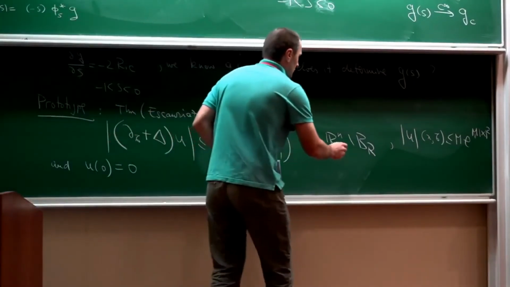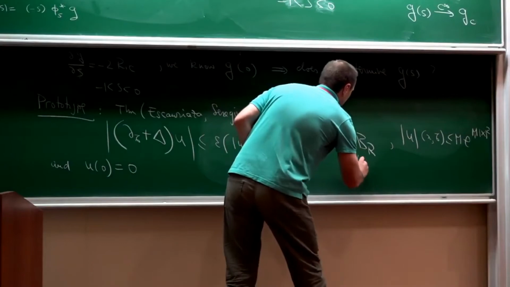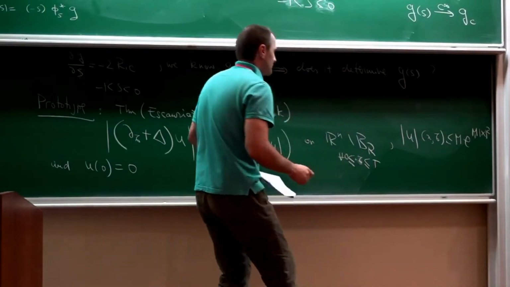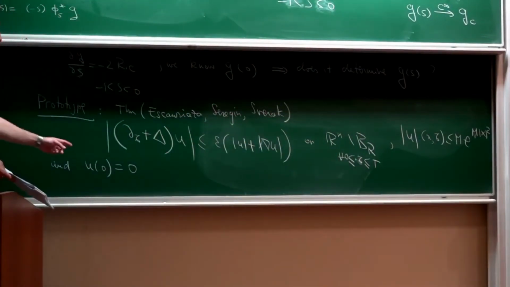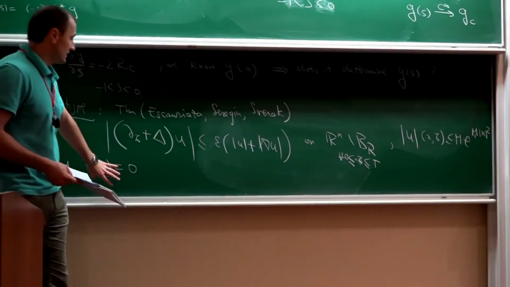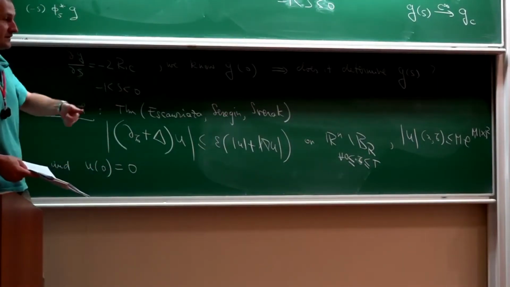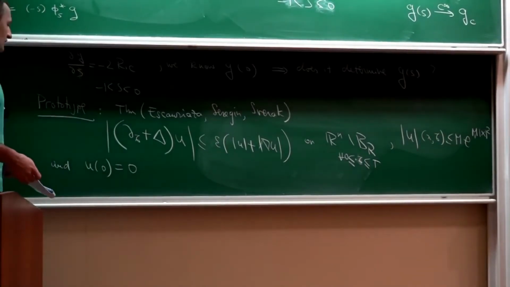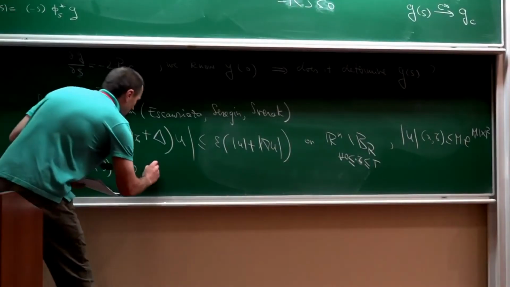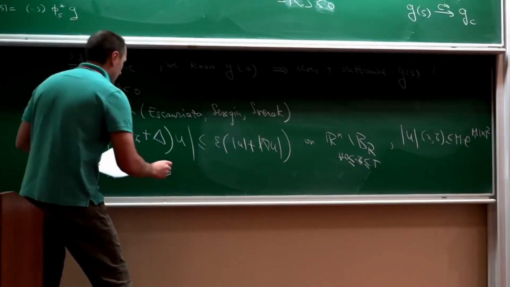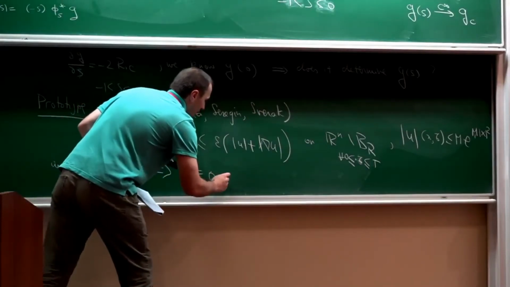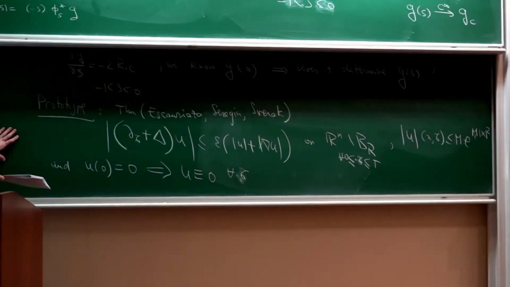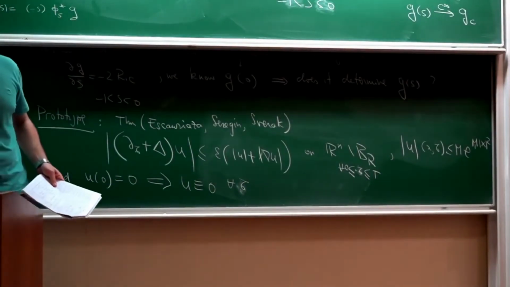This is true for all tau between 0 and t, so 0 has the significance of initial, and t is the final. It's like -1; t would be 1 in my case. If I know initially it's 0, then they prove that u must be identically 0 for all time.